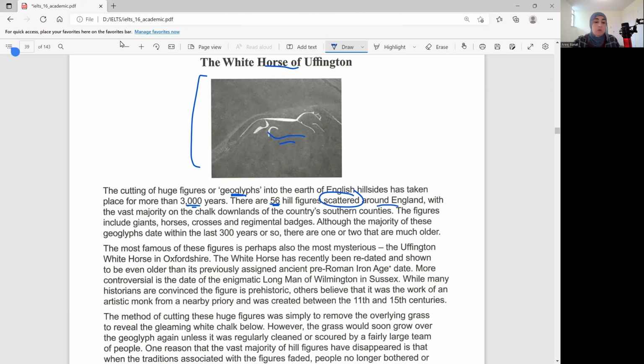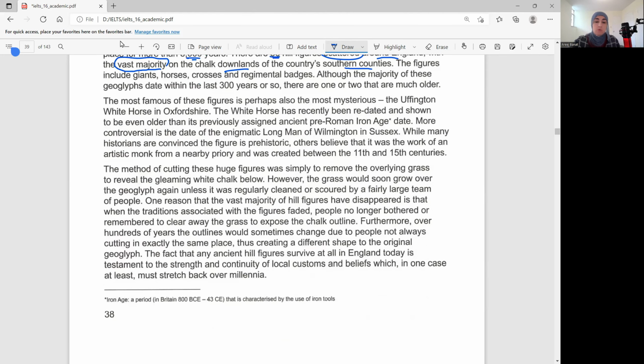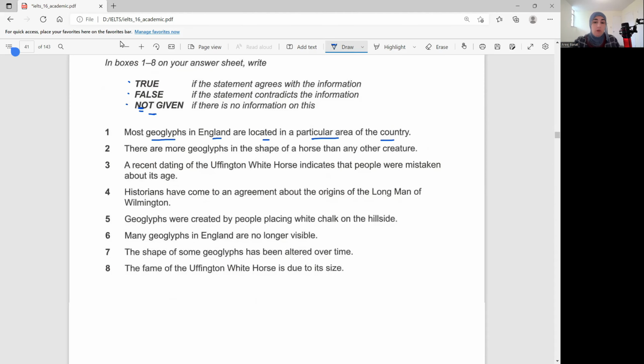Scattered around England with the vast majority, like most of them, on the chalk downlands of the country's southern counties. So they exist mostly in what? In a specific area. So when I read most geoglyphs in England are located in a particular area of the country, this is definitely true.